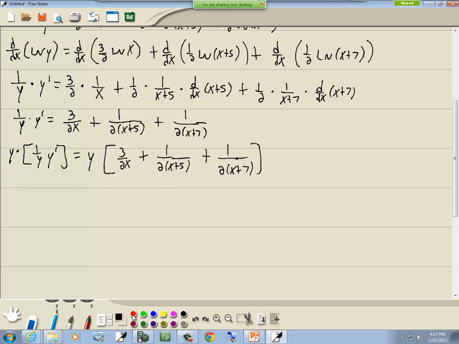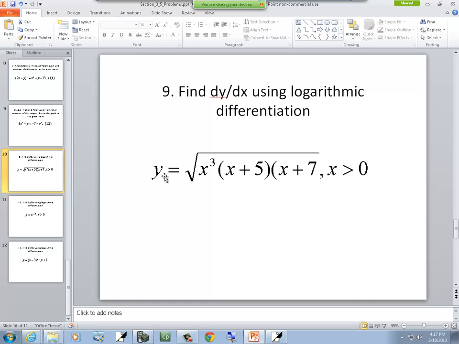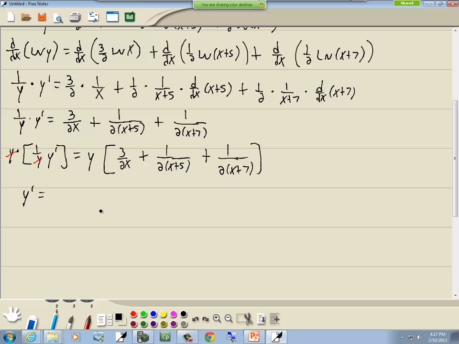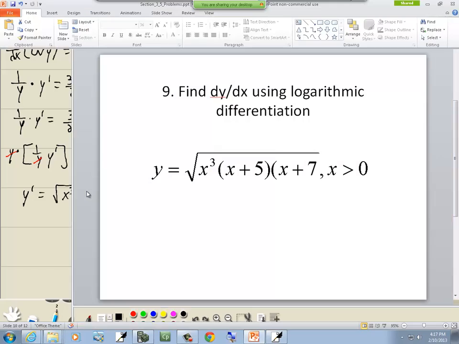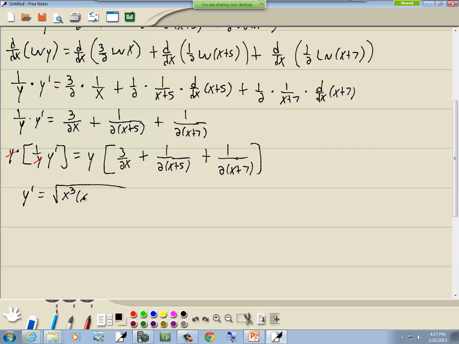Well, when I do that, these y's are going to cancel here, and we got y prime by itself equals, and now y, remember, y is equal to all this. So the square root of x to the third times x plus 5 times x plus 7. So we can plug that in. So x to the third, x plus 5, and x plus 7.